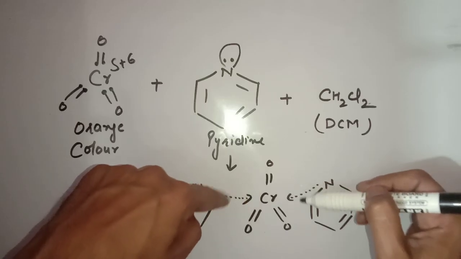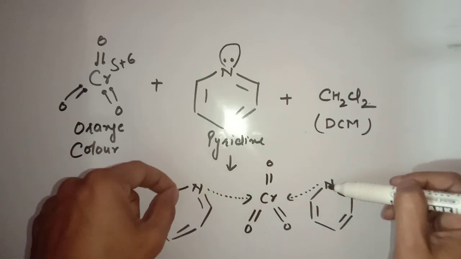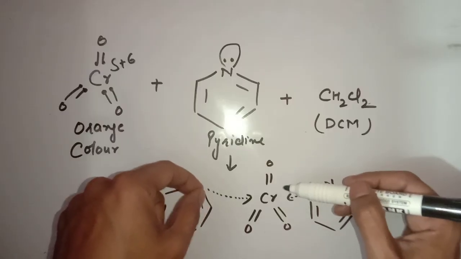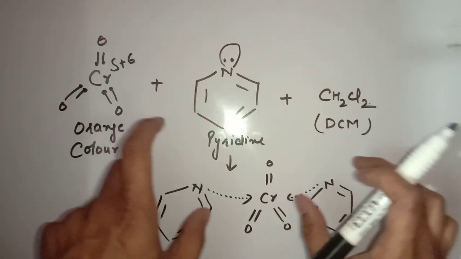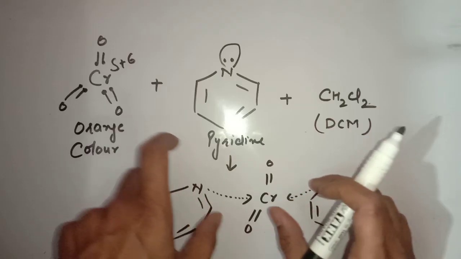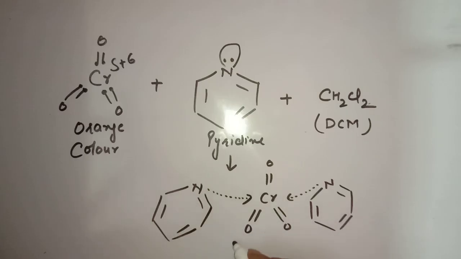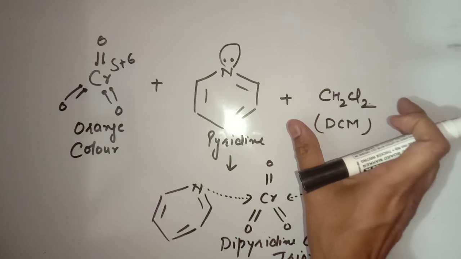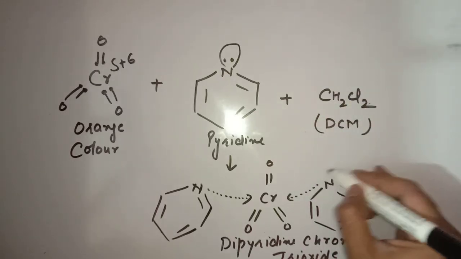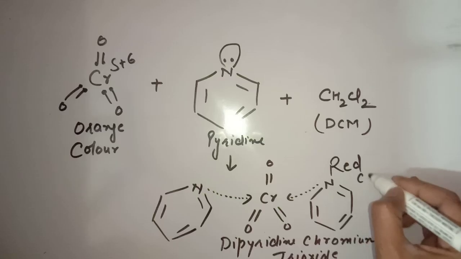Means a dative type of bond will generate between pyridine molecules and this chromium trioxide. Two pyridine molecules will make a dative bond with chromium. This complex is known as chromium dipyridine chromium trioxide complex, which will get dissolved in DCM, dichloromethane. The color of this compound will be red.